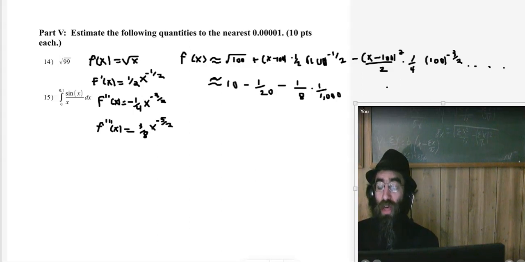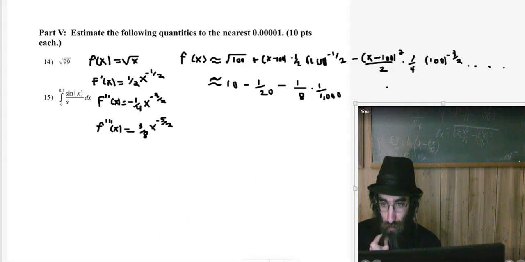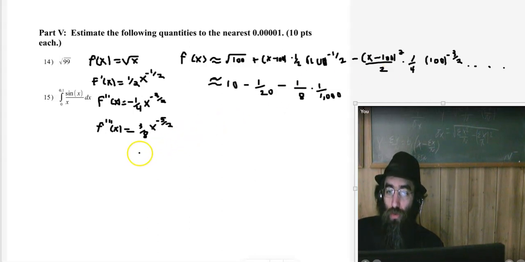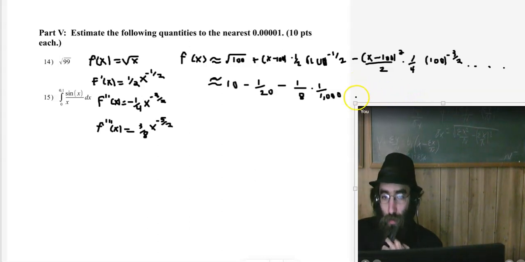And you know that the error bound is the worst case scenario next order derivative. And so you know that this next term, everything else you're going to be adding in, is going to be not as bad. It's going to be smaller. Right? So your error is going to be less than this 1 over 100,000.